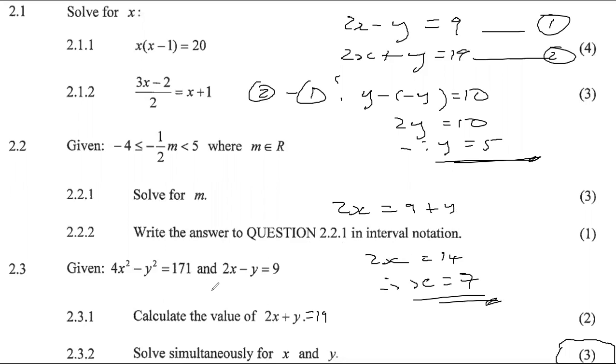And I deliberately started with the long method because I know some of you would have said, hey, I don't feel secure maybe using that. But just note that if you went the long route, you would have really actually wasted some time for yourself. Here, they really wanted you to realize that you actually have 2 equations already in terms of x and y, and you could have used those equations right away.